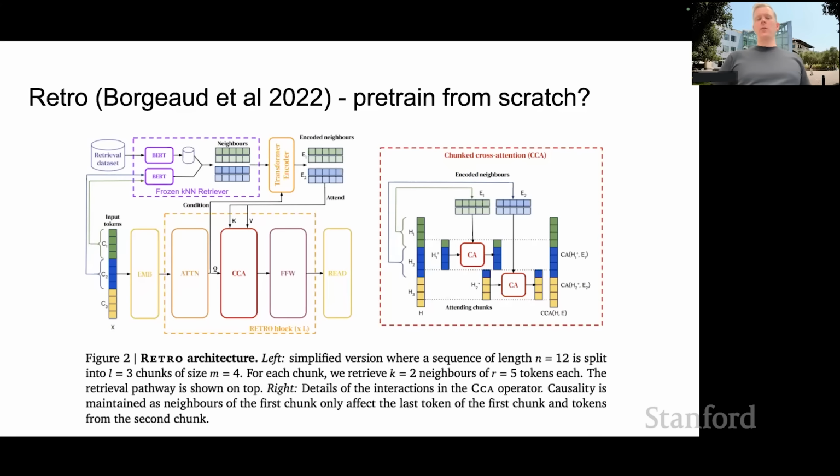This is kind of like what RAG-Token is. You retrieve for every token, you generate, and then you can retrieve again. Or in the case of Retro, you can generate a chunk and then retrieve chunks again. If you look at the in-context case, you retrieve once at the beginning and then you give it to the model.